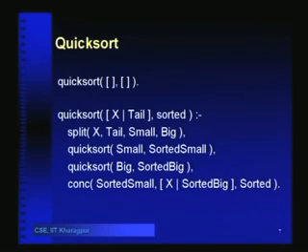See, this split x tail small big predicate will succeed only if all elements of tail which are smaller than x are in small, and all elements which are bigger than x are in big.